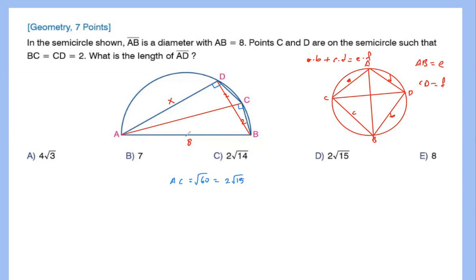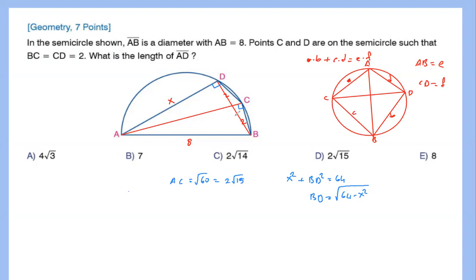And then if I use the Pythagorean theorem in this triangle, where we don't know BD, I'm going to use x squared plus BD squared is equal to 64. So BD is equal to the square root of 64 minus x squared, because I like to keep only one variable if possible. And this is what we have. So let's now apply Ptolemy's theorem.